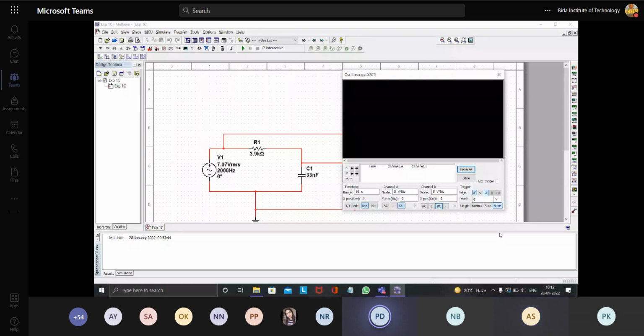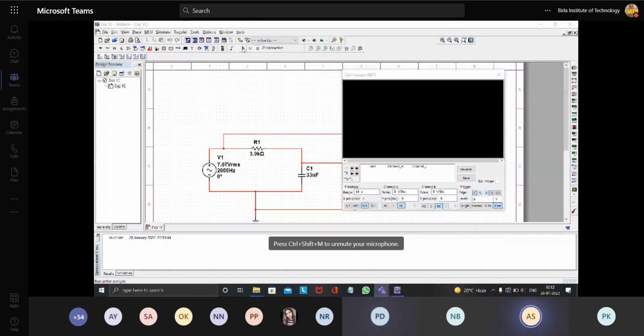This is experiment 1, ma'am. Oh, sorry, I've switched to the wrong experiment. Sorry, ma'am. This is 1, third part you have shown. Yes, ma'am. And this is the first experiment setup.